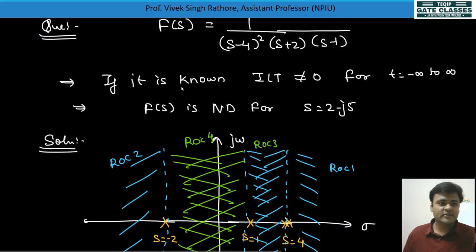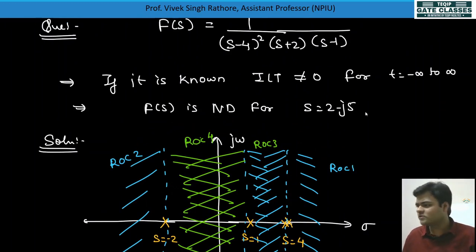Now the condition is, if it is known that the inverse Laplace transform is non-zero for t equal to minus infinity to infinity, it means that if a signal is equal to 0 for t equal to minus infinity to 0, it is a right hand sided signal. If a signal is 0 for t equal to 0 to infinity, then it is a left sided signal.